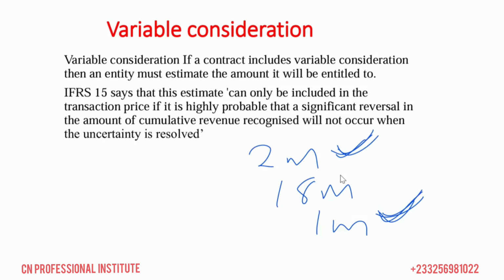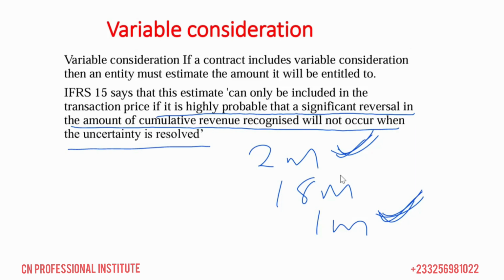Now, when do we record variable consideration? IFRS 15 says that we should recognize variable consideration if it is highly probable that a significant reversal in the amount of cumulative revenue recognized will not occur when the uncertainty is resolved.